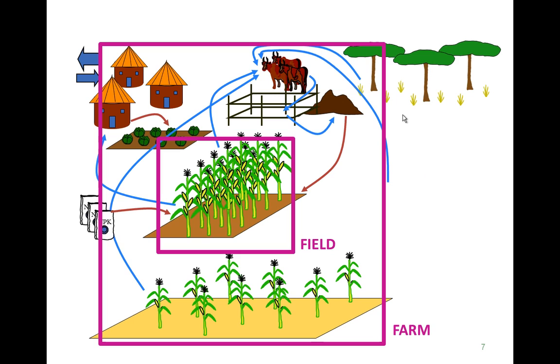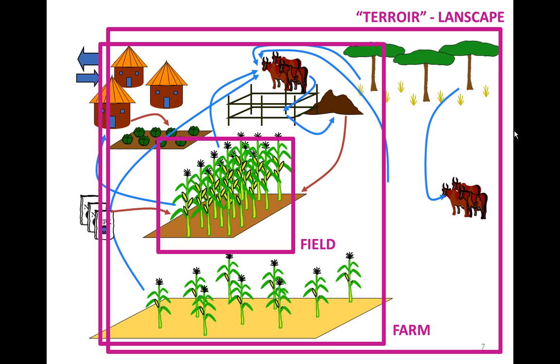And with that, it's really important where we put the boundaries of our system, because if we want to look at how these crop livestock systems perform, we cannot put the boundary of our system just around the fields, because then we're missing a lot of the interactions that play a role in these systems. When we look at the farm, we really have to include the different fields that form the farming system, as well as the animals, as well as the part of the rangeland that is used by these animals.